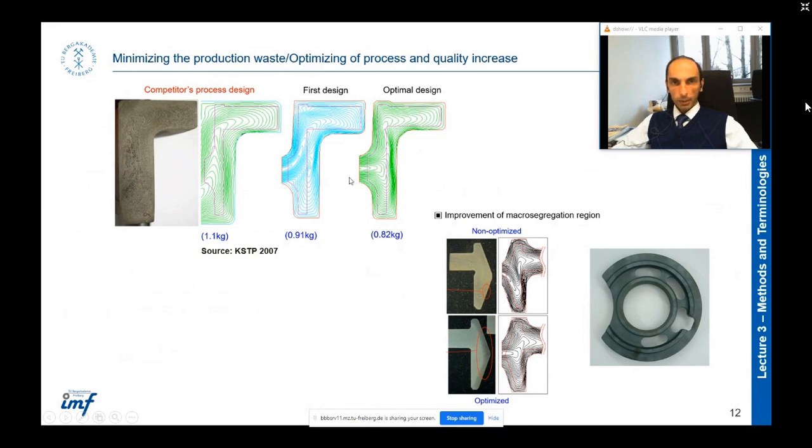Then again they made it smaller, and from 1.1 kilogram it's almost just 800 grams. It's a big saving, because it seems it's just 300 grams, but it's mass production. In forging, it's mass production, 1,000 workpieces per day, more or less. So it's a big saving in material. And here also, improving the design by using the finite element methods.